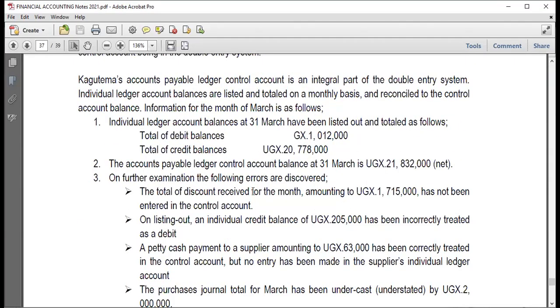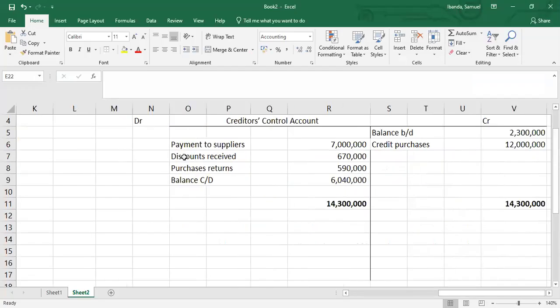So they are telling us that the total discount received, we are trying to correct errors, by the way. We're saying the total discount received for the month amounted to how much? To 1715. And they're telling us that this had not been entered in the control account. From the example we've just done, what happens with the discounts received? Just from right here, discounts received are supposed to be credited.